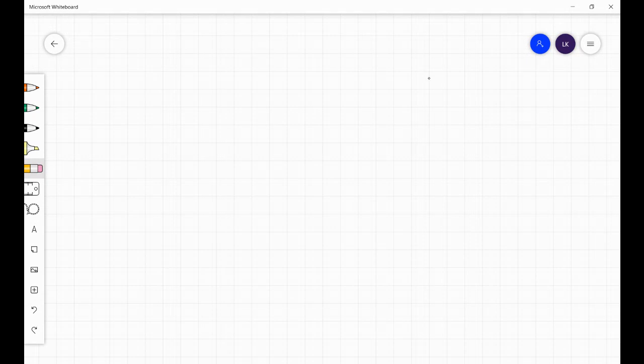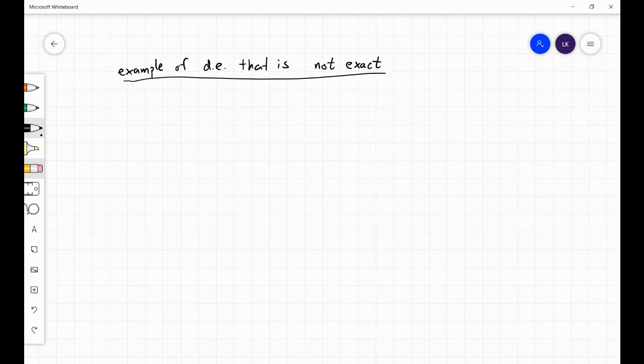So let's look at a quick example. So here's an example of an inexact differential equation.